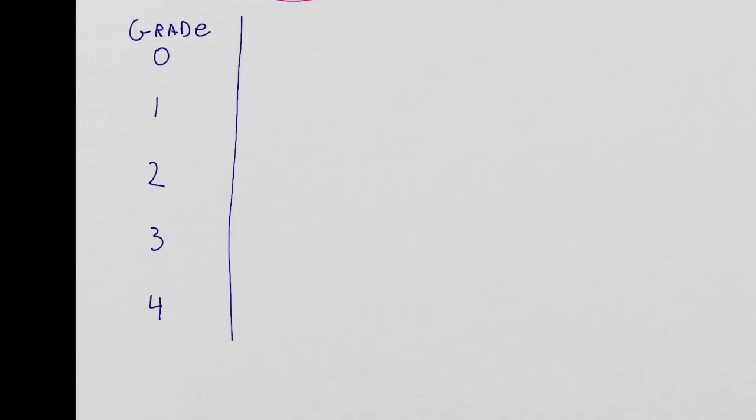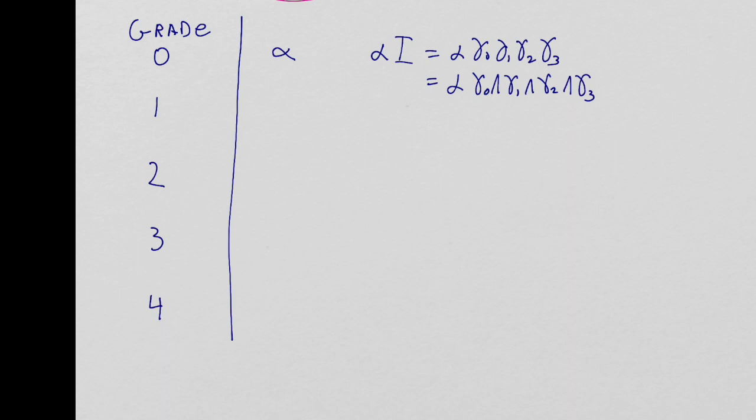All right, we start with a grade 0 object, which we'll call the real number alpha. And then I'm going to take that real number alpha and right multiply by the pseudoscalar. So I'm going to get alpha times I, which equals alpha times this spacetime product of all the basis vectors, which, because of the orthogonality of the basis vectors, equals this quad vector.